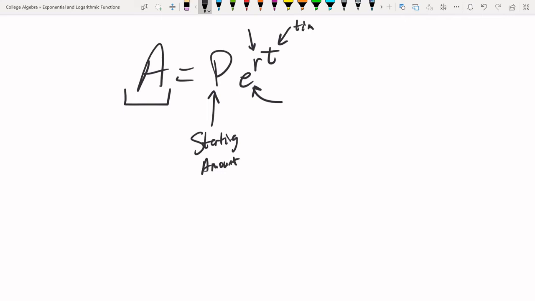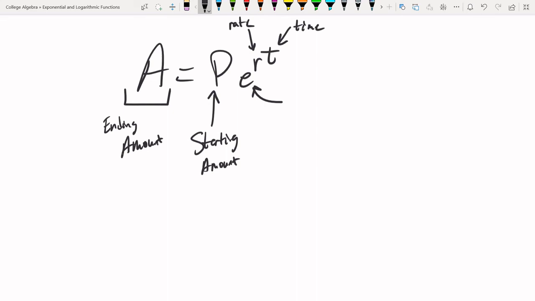This is the time it takes to grow. This is the rate of growth. And the A is, of course, the ending amount. And E is our number that we know. E should be in calculators, as a given value in the calculator, just like pi is given on calculators. That's because both of them are used very frequently.